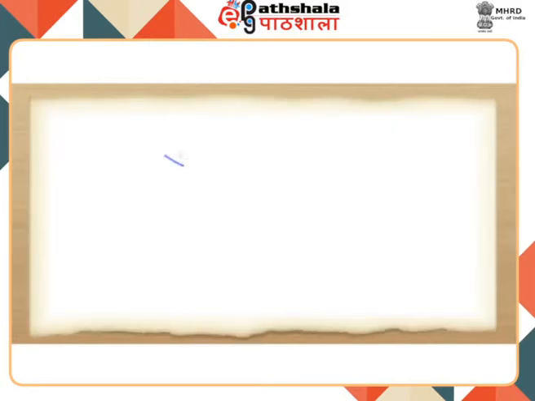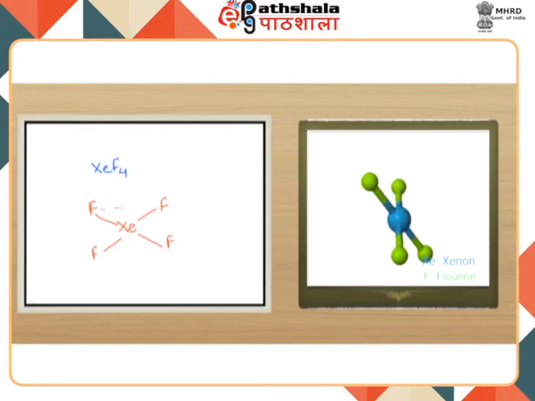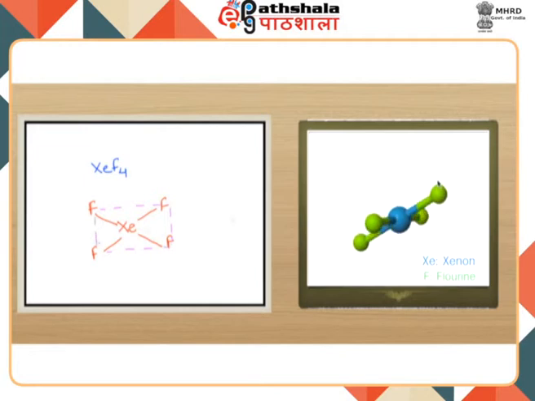Considering the next case, which is XeF4. XeF4 is a square planar molecule, and you know that all these fluorines and the xenon are in the same plane. Here also the center of symmetry is present, and that center of symmetry is this xenon atom.